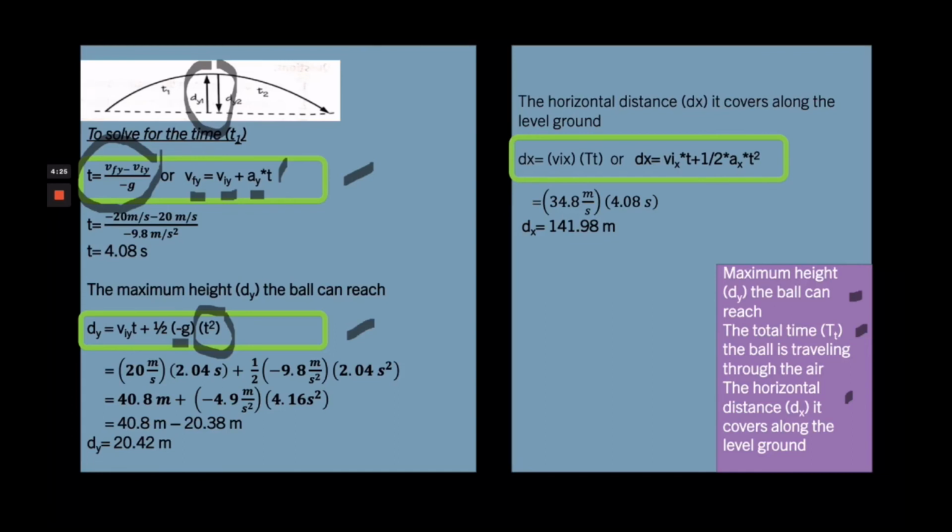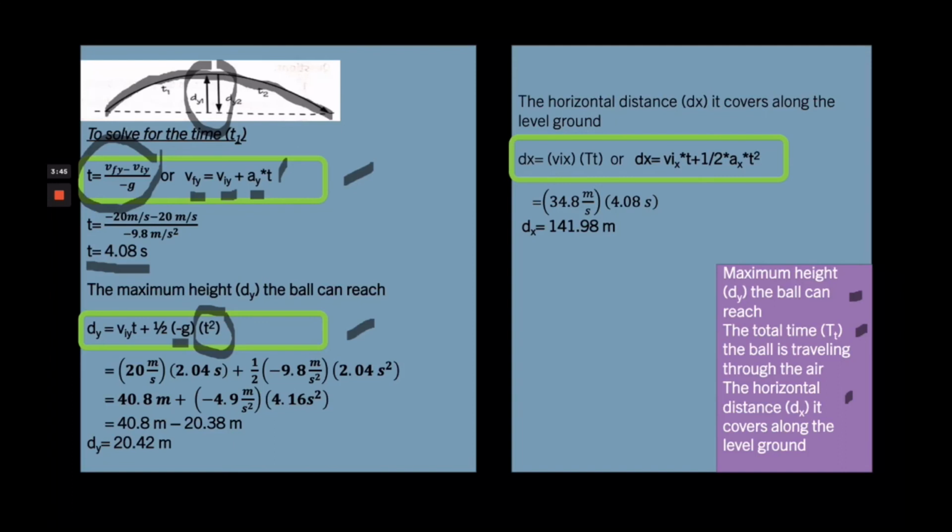And then we have here minus initial velocity y, which is 20 meter per second over, that's negative, that's for the direction since it's going down, 9.8 meter per second squared. So we're gonna come up to the total time of 4.08 seconds. That's our time from the ball before it releases going to the ground. So that's our total time.